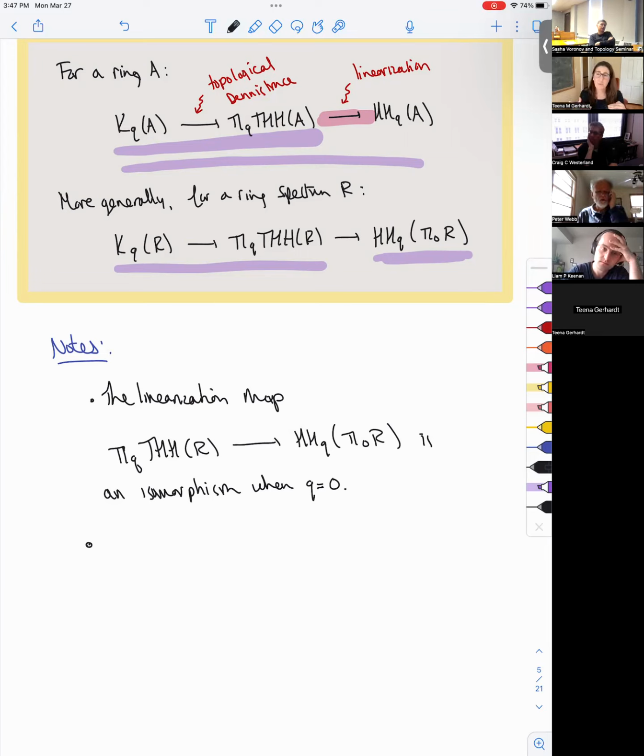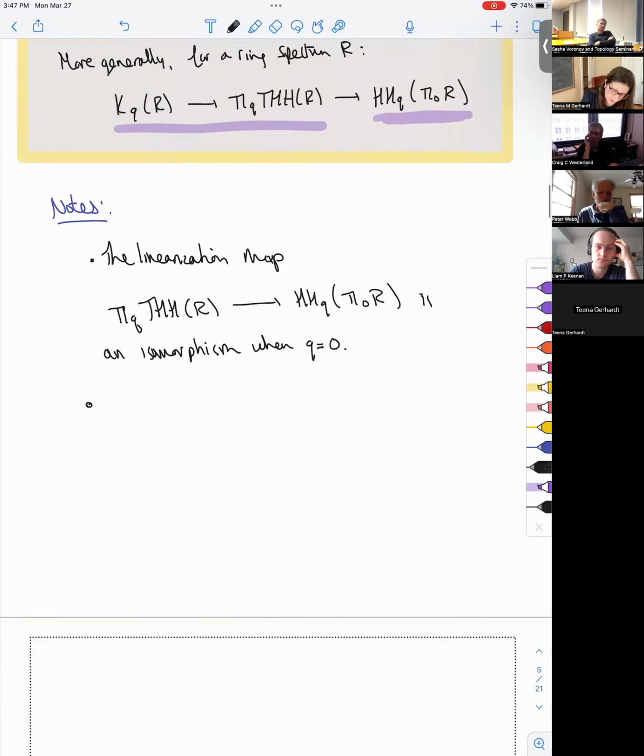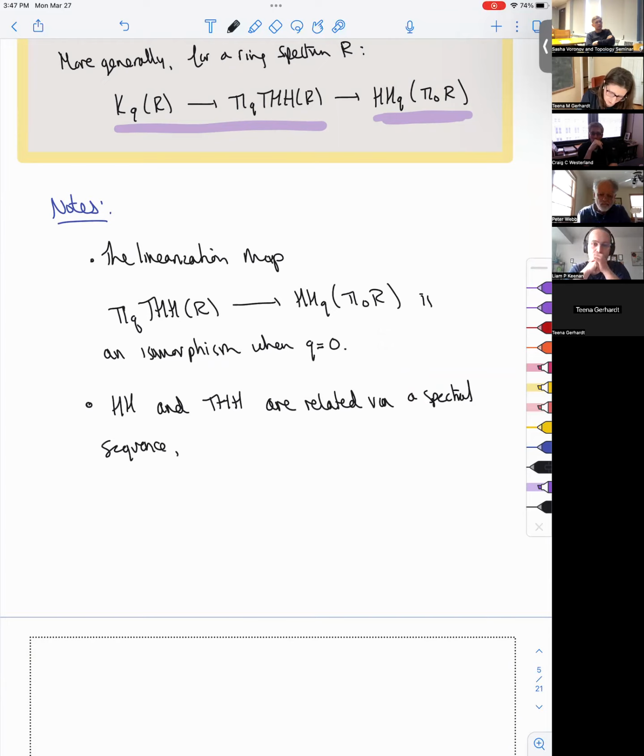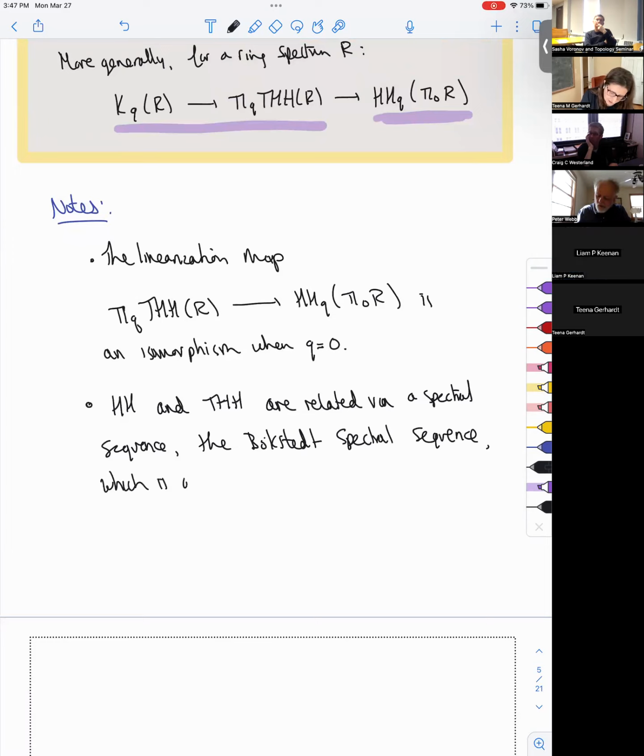But there's another important relationship between the algebraic theory and the topological theory as well, which is that they're related via a spectral sequence, called the Bökstedt spectral sequence because it was constructed by Bökstedt. It is an essential tool for computations of THH.